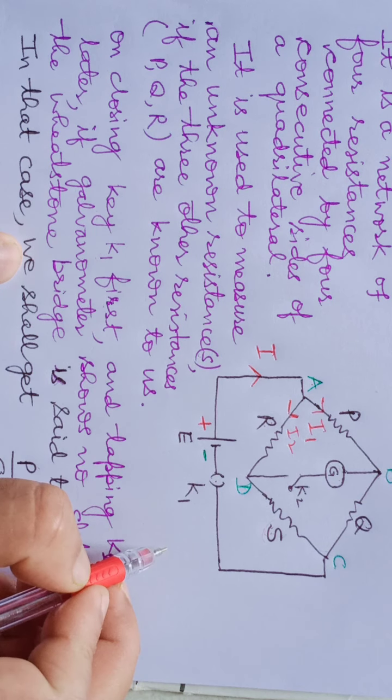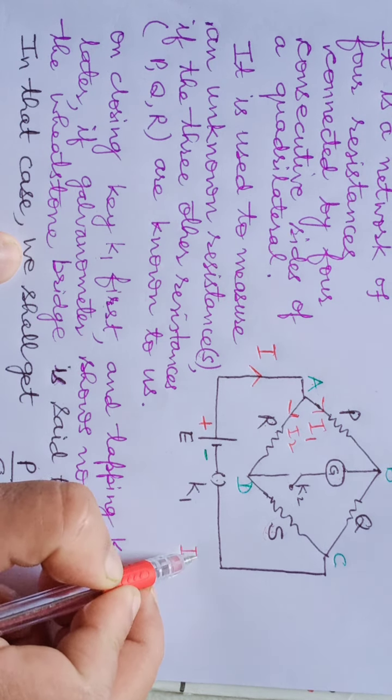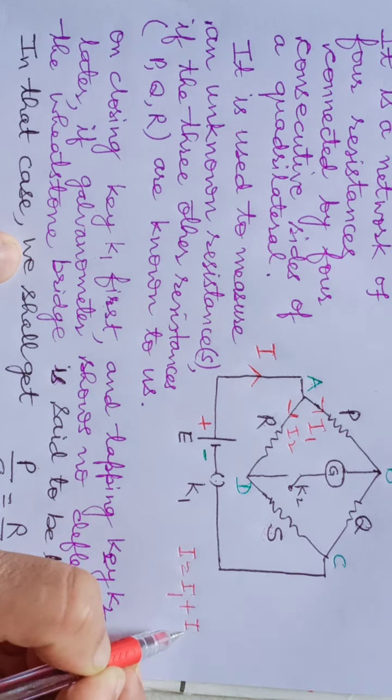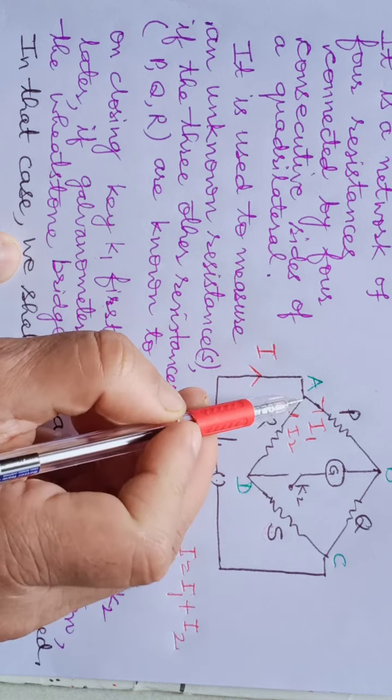So according to Kirchhoff's first rule, I will be equal to I1 plus I2 at this junction A.